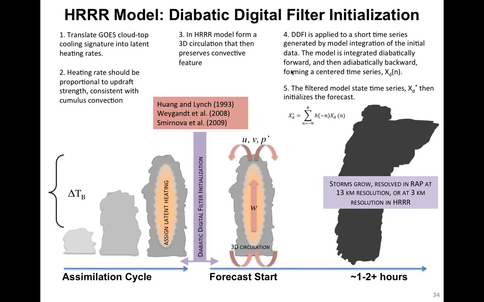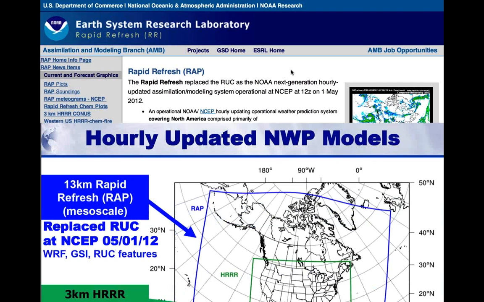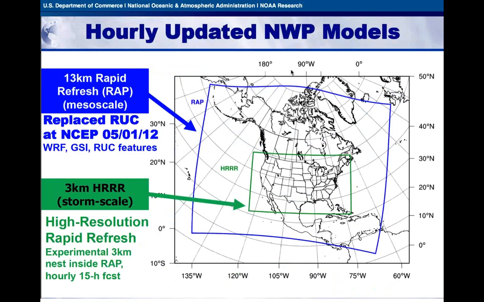So the idea is you could take your cloud top growth information, turn it into a heating rate, and that effectively would be information that would improve 2 to 6 hour forecasts of storms. And this is basically the RAP and the HRRR model framework that we've been using. We've been working with Steve Weygandt at ESRL.